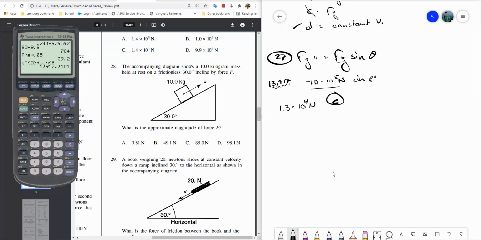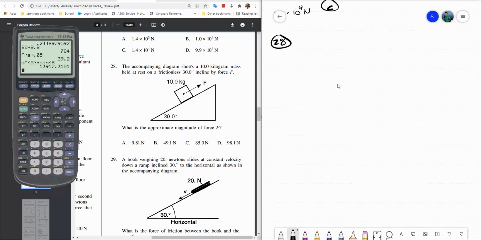The accompanying diagram shows a 10 kilogram mass held at rest on a frictionless 30-degree incline by force F. What's the approximate magnitude of force F? So, 28, it's held at rest. That means it's not accelerating. That means everything's in equilibrium, and that force F is being canceled out.